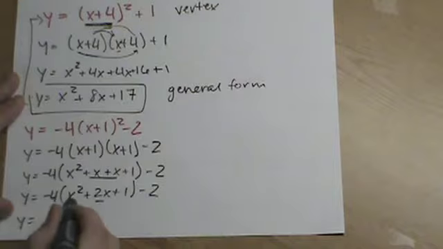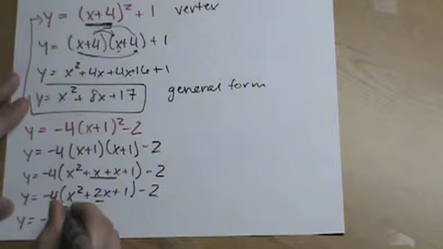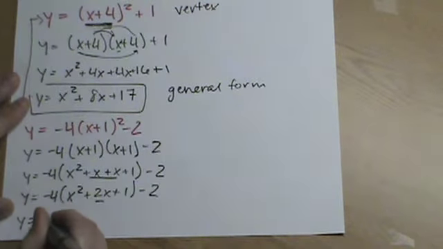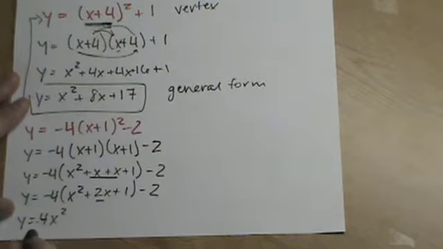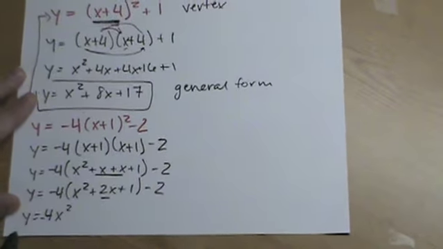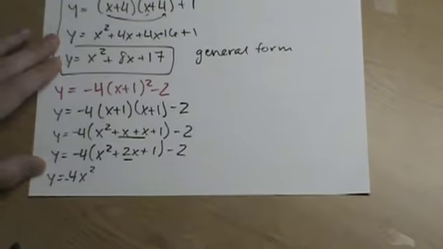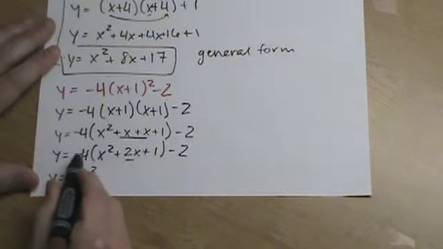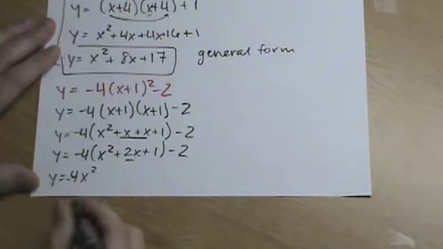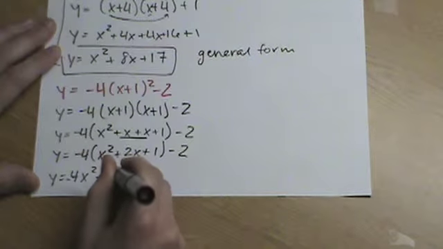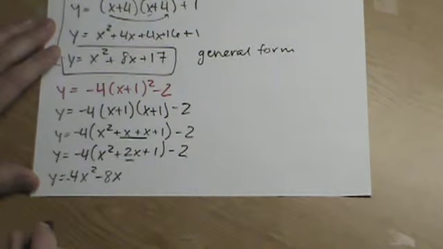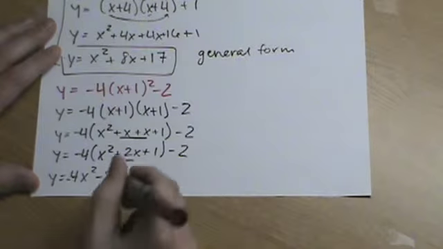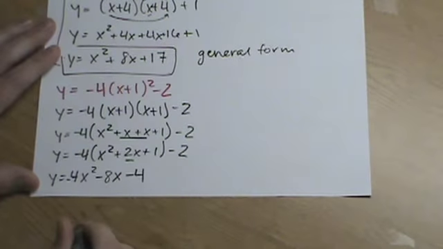So we have negative 4 times x squared is negative 4x squared. See that negative sign down there at the bottom? Don't lose track of it. Then we do negative 4 times 2x, so that would be negative 8x. Then we do negative 4 times 1, which would be negative 4.